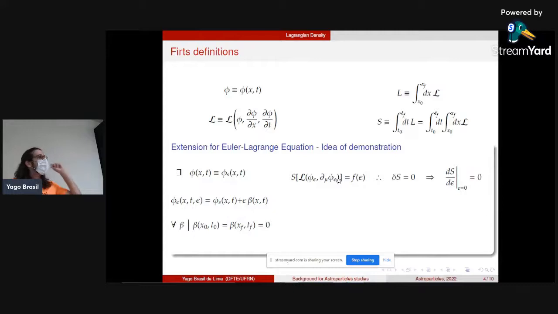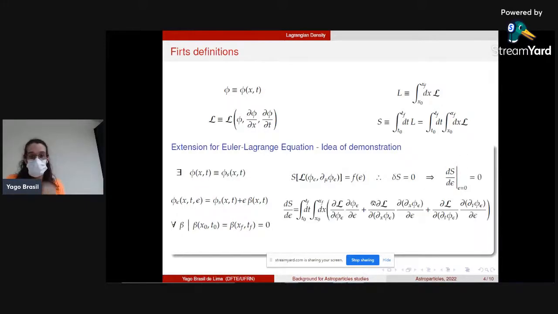So to find my stationary field, I only have to take the ordinary derivatives of the action. And sparing you of the gory details, using the chain rule and some 2 or 3 pages of calculus, we arrive at the extension of the Lagrange equation using that notation. That will be my Euler-Lagrange equation for the Lagrangian density to study my field theory.